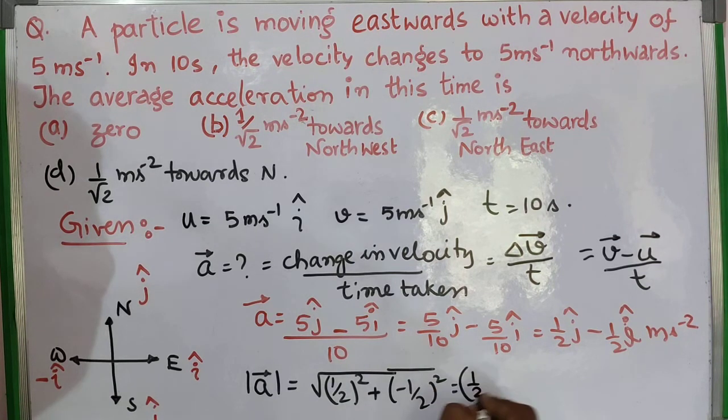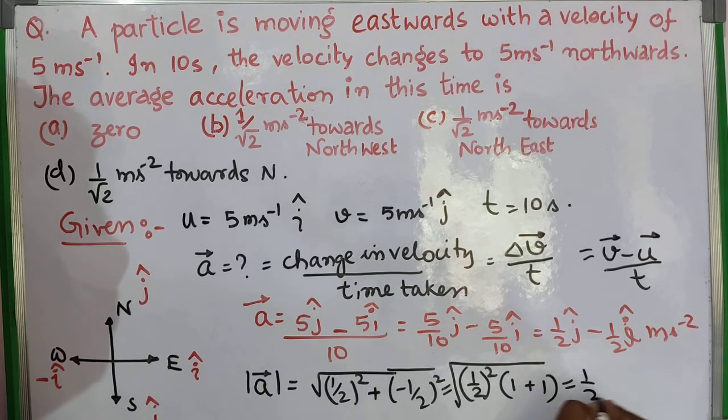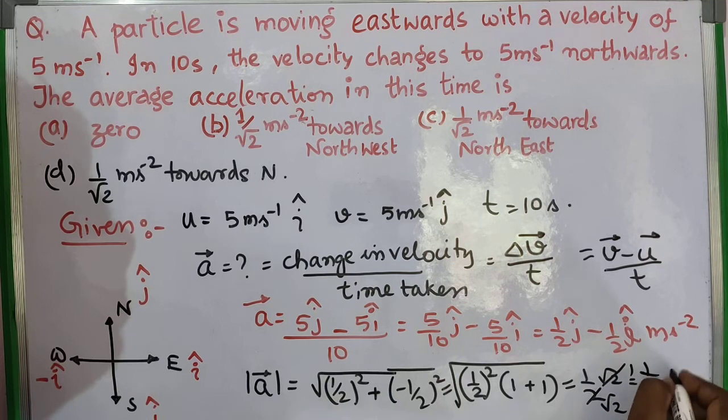If I take half square as common, what I am left with here is 1, here 1. Correct? If I take it outside, what I will get, 1 by 2, right? Half into root 2, or cut it by root 2 times. So you will get 1 by root 2 meter per second square.